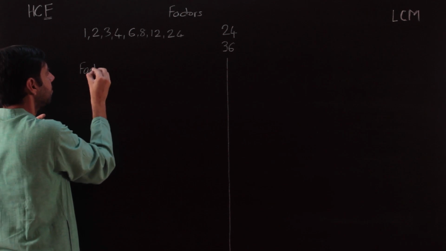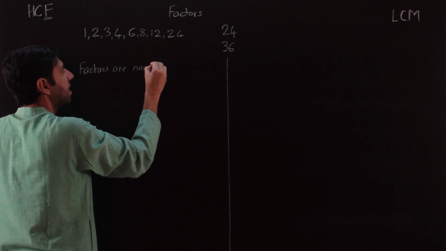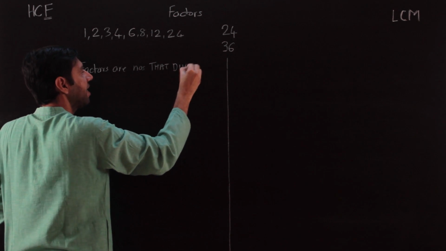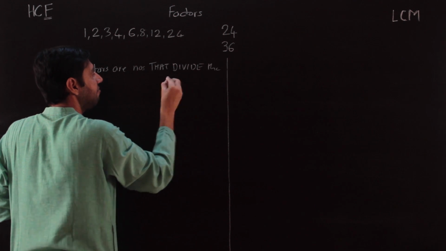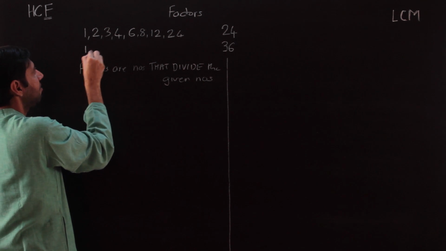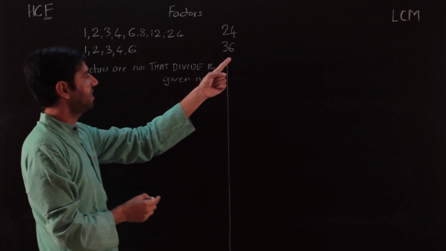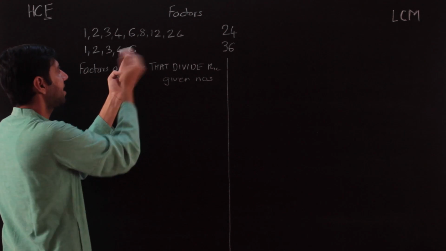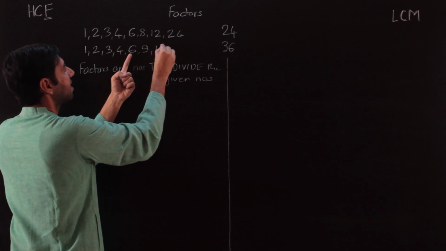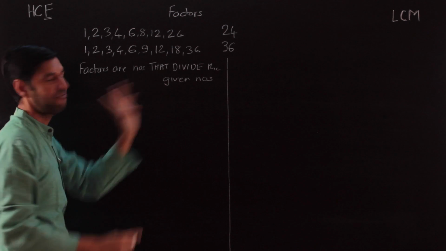Factors are numbers that divide the given number. So for 36, 1 will divide, 2 will divide, 3, 4 will, 5 will not divide, 6 will divide. 6 squared is 36, so 6 will lie in the center. So 4 9s are 36, 3 12s are 36, 2 into what will make it 36? 18. And 1 and 36. So these are your factors.